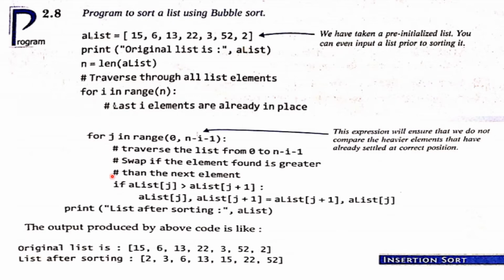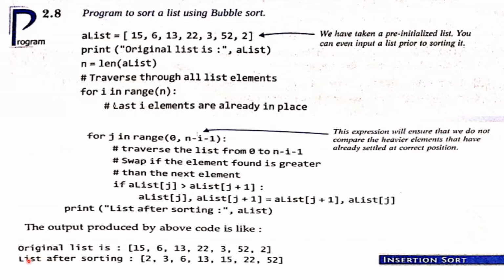Next we put the condition: if list of j is greater than list of j plus 1, then swap. Here j is the first indexed value and j plus 1 is the value next to that element. If that value is smaller, then it will be swapped with the first value.